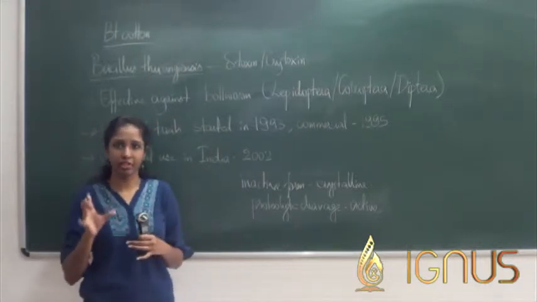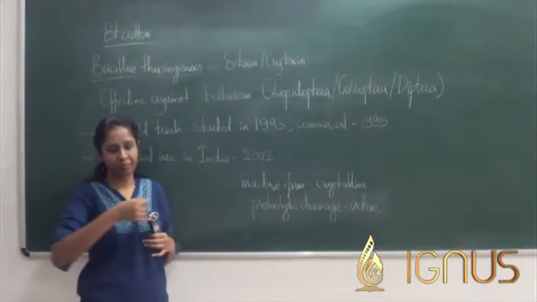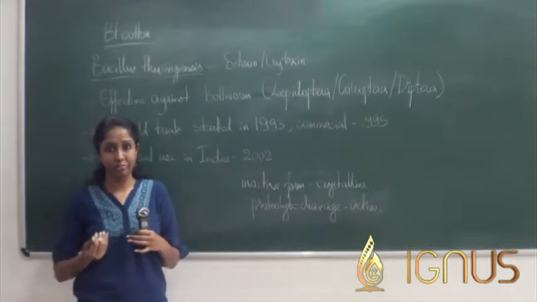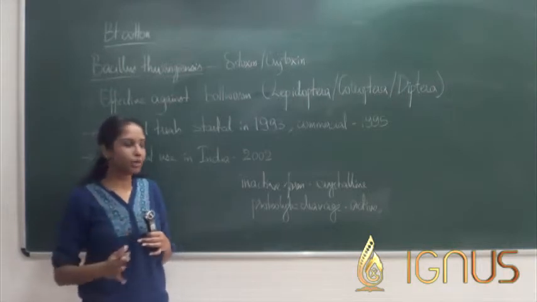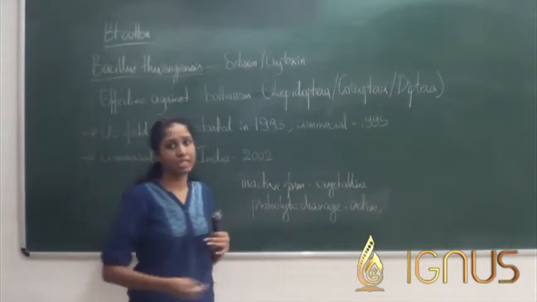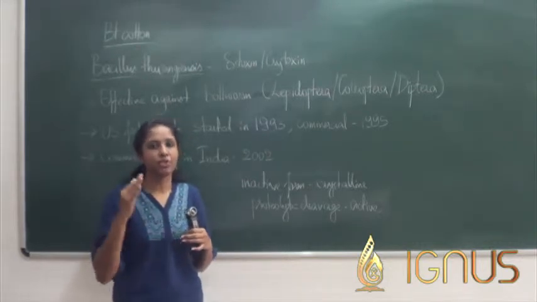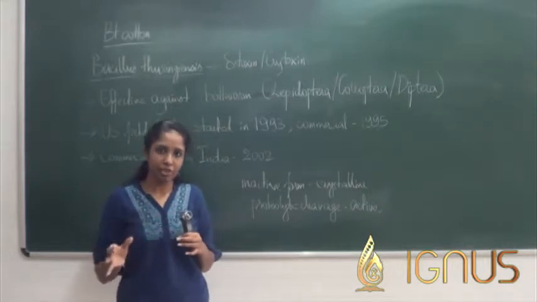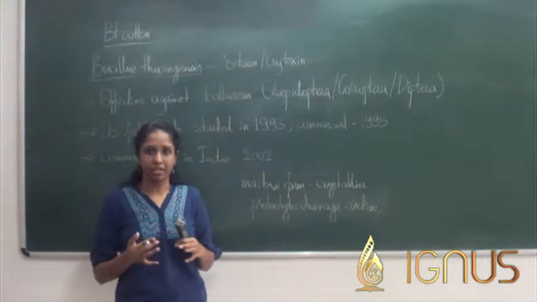But when that inactive toxin is ingested by bollworm, which is any kind of larvae belonging to Lepidoptera, Coleoptera or Diptera, the crystalline toxin is going to undergo proteolytic cleavage, wherein a part of the amino acid chain is going to get cut off. So when a part of the chain is cut off, the toxin becomes active.